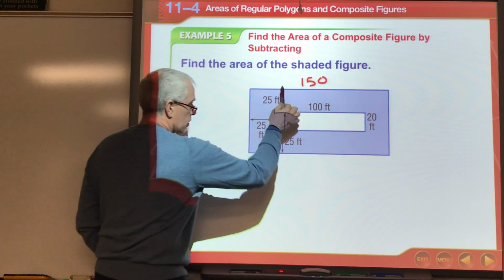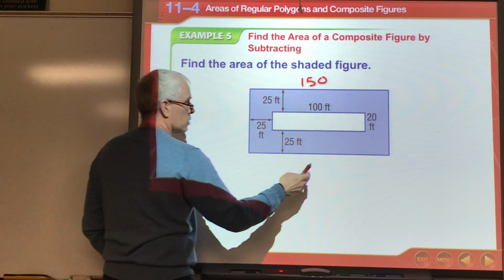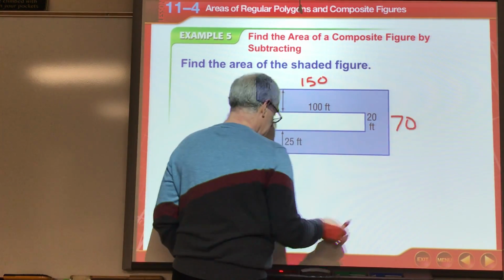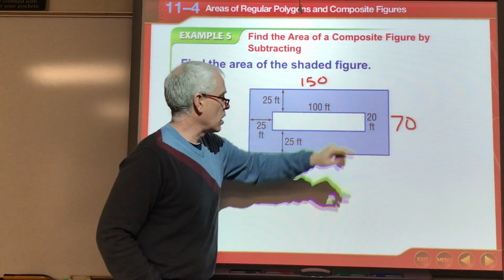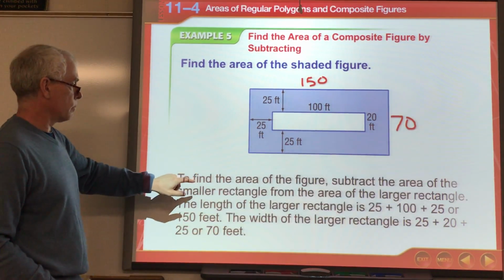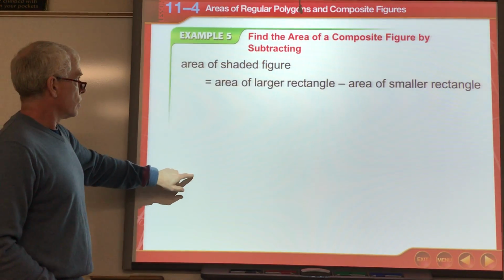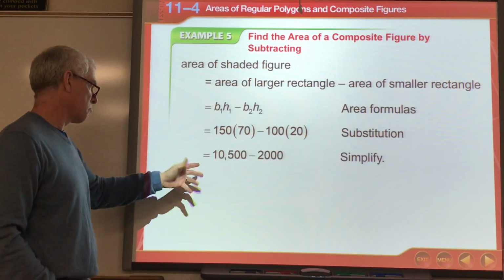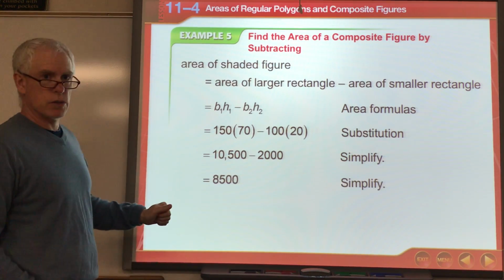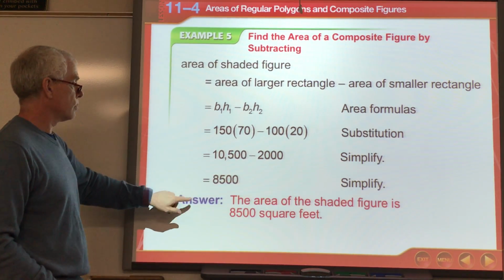This was 20 plus 25 plus 25, 50 plus 20 is 70. So the area of the big rectangle is 150 times 70. The area of the little rectangle is 100 times 20, and I'm just going to subtract them, okay? So 150 times 70 minus 100 times 20 gives you about 8,500 square feet for that shaded region, okay?